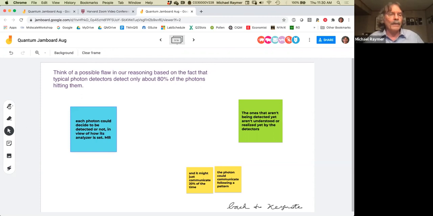So what people have done in the past 10 years, and I know some of these people at the laboratories in Boulder, Colorado, the National Institute of Standards and Technology, is create detectors whose efficiency is, I forget exactly the number, something like 99.8%.